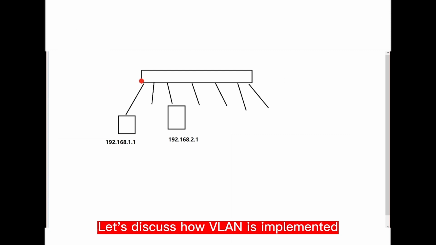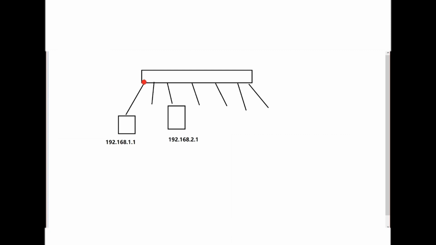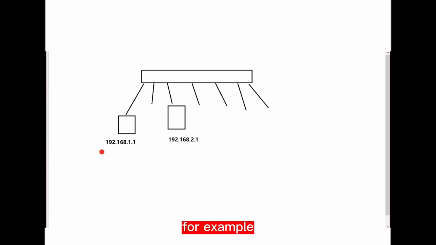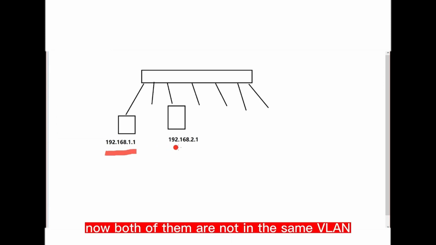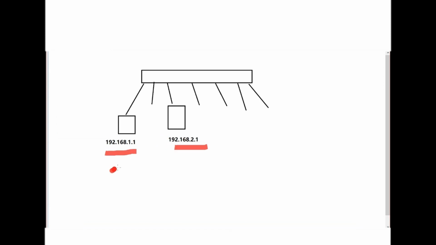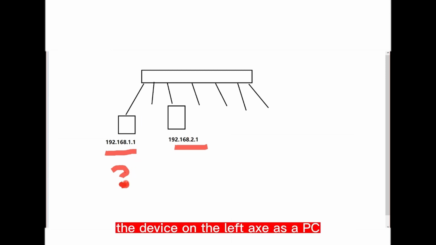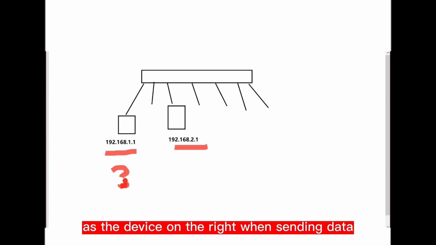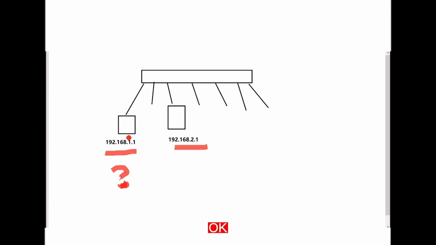Let's discuss how VLAN is implemented. I now ask you a question. Port of this switch, different devices are connected under it. For example, now both of them are not in the same VLAN. Then please, the device on the left acts as a PC. Does it know whether it is in the same VLAN as the device on the right when sending data? Okay.